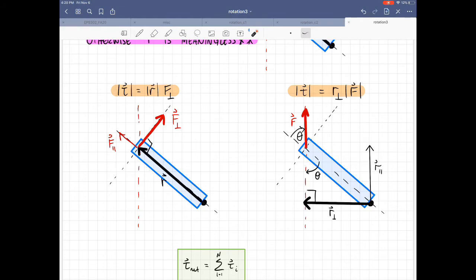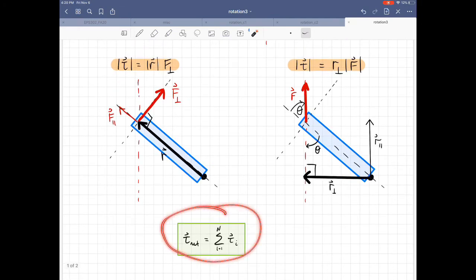So those are the two ways that you can think about calculating the torque. You can either determine how much of the force is perpendicular to r, or you can figure out how much of r is perpendicular to f. Right? Those are the two approaches.